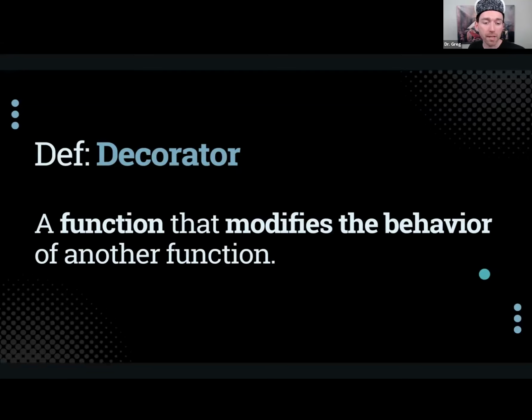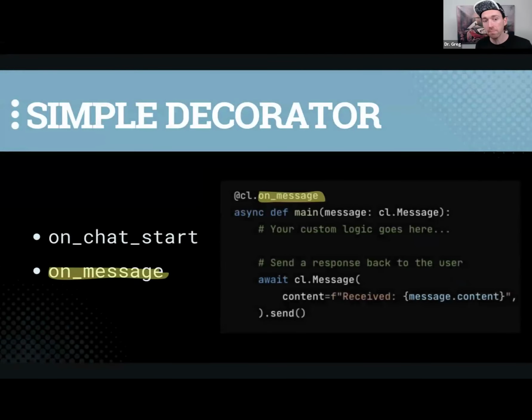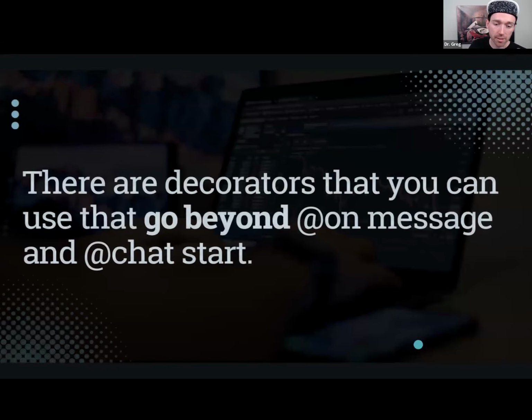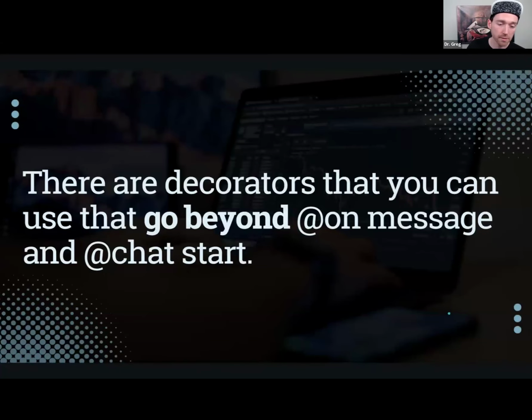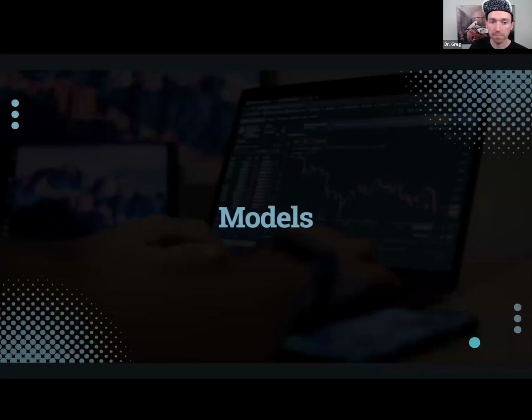These decorators play an important role. We can do lots of stuff with them. You'll see this little @ sign, which indicates the decorator. And there are decorators that go pretty far beyond on message and on chat start. Wiz will talk about some of this in his demo.